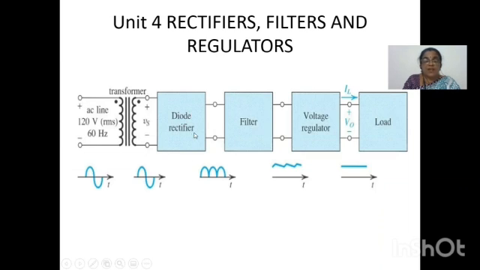Next, we'll be using a diode which converts this alternating voltage to pulsating DC voltage. If you want a pure DC voltage like this, we'll be connecting it to a filter which removes those oscillations, but it becomes approximately equal to a DC voltage. When you use a voltage regulator, you get constant DC voltage. So in unit 4, you'll be studying about the different types of rectifiers, filters, regulators, etc.